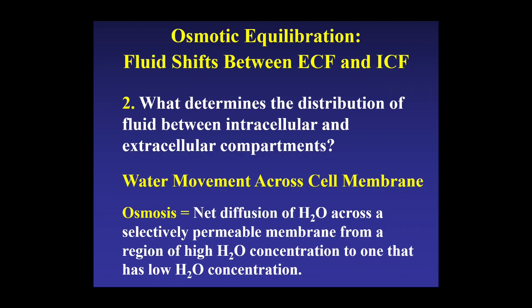You didn't run or sweat or anything. Where is that going to go? To the extracellular fluid compartment. It's not going to go inside your cells, right? What's going to happen to the concentration of water in the extracellular fluid compartment? Increase. So some of that water will move into your intracellular space.